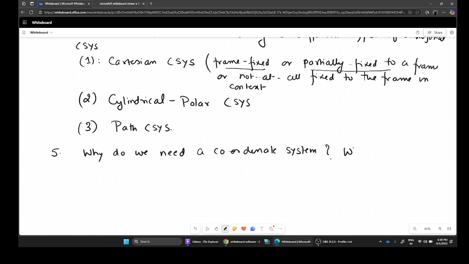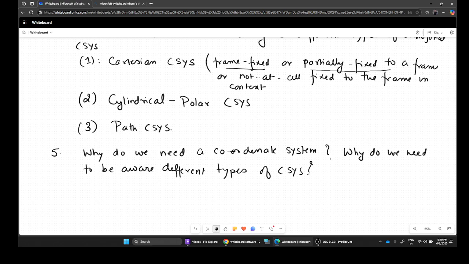And why do we need to be aware of different types of coordinate system? Right? These two are pertinent questions. To begin with, why do I need a coordinate system, and even if I need a coordinate system, why are there different types?